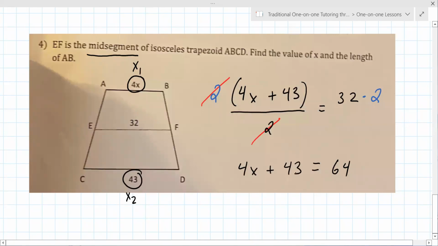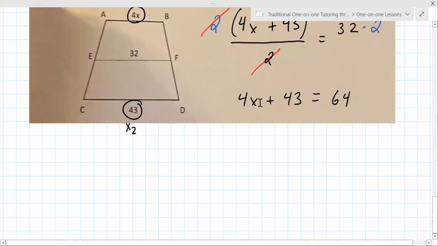What is the first step for solving this two-step equation? What do you undo first? Addition and subtraction? Subtraction, I said. Okay, so you're going to subtract what from both sides? 43. You're going to subtract 43 from both sides.